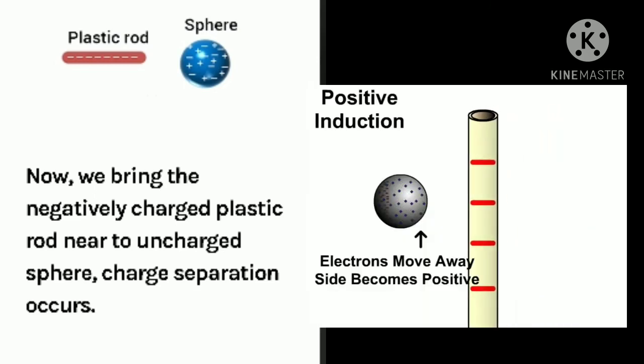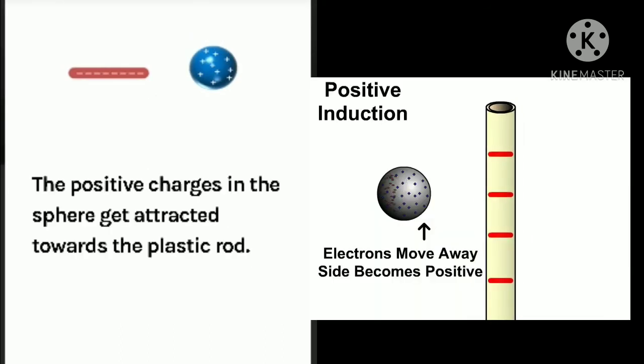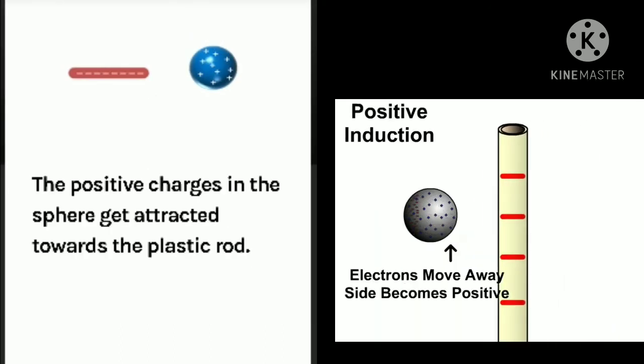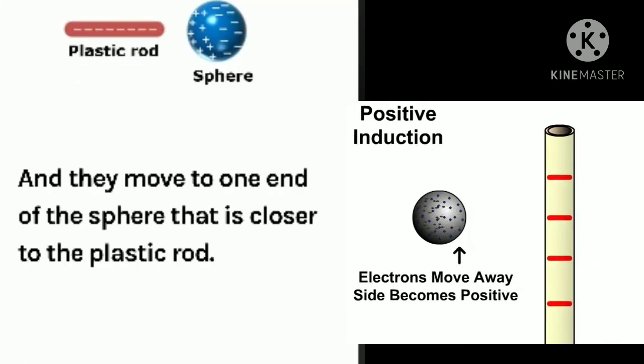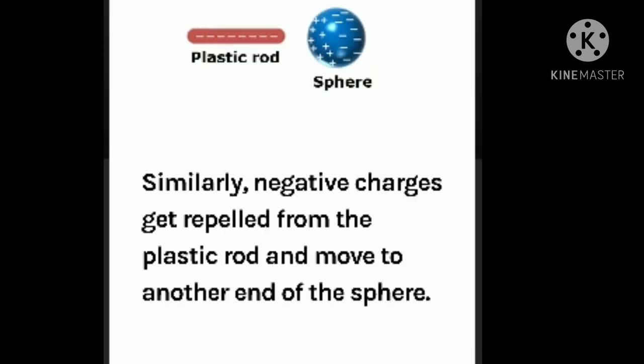Charge separation occurs. Positive charges in the sphere get attracted towards the plastic rod and move to the end of the sphere that is closer to the plastic rod. Similarly, negative charges get repelled from the plastic rod and move to the other end of the sphere.